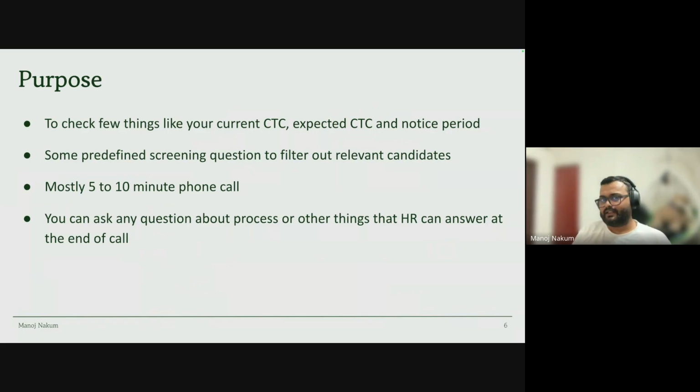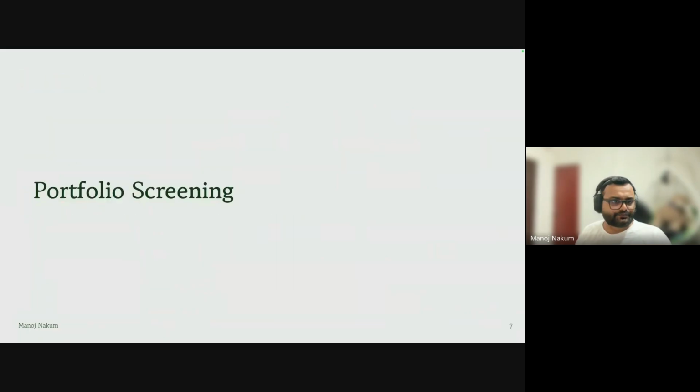But make sure that in each and every round, you have a right to ask questions at the end. Okay, but it should be around that round. So if you are in the screening round, ask questions about their interview process, the job, and everything. But you can't ask, okay, what kind of methodology do you follow. Mostly the HR don't know this, right? Because they are HR. So this kind of question about methodology and process you should ask in the whiteboard or technical round. Okay? So make sure if you have any question, you can ask the HR.